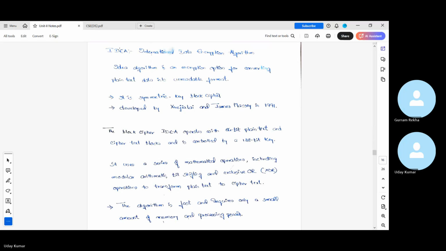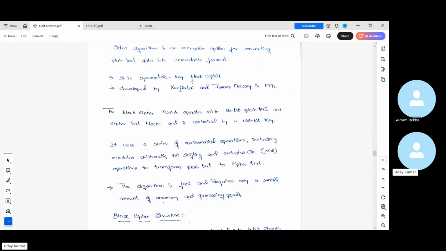Next, IDEA, the International Data Encryption Algorithm. It is an encryption technique for converting plain text data to unreadable format, obviously. It is a symmetric key block cipher developed by Xuejia Lai and James Massey in 1991.